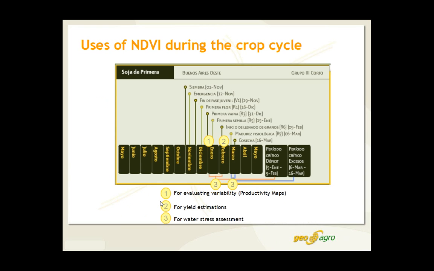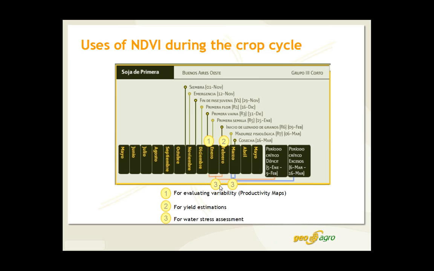Another example is how we're using this in Argentina. It's similar to the Risk Management Agency, but not quite. The Risk Management Agency in the U.S. provides insurance support. In Argentina, it's more like technical support. They're not providing financial support yet, even though there's a product there to provide comprehensive farm insurance.